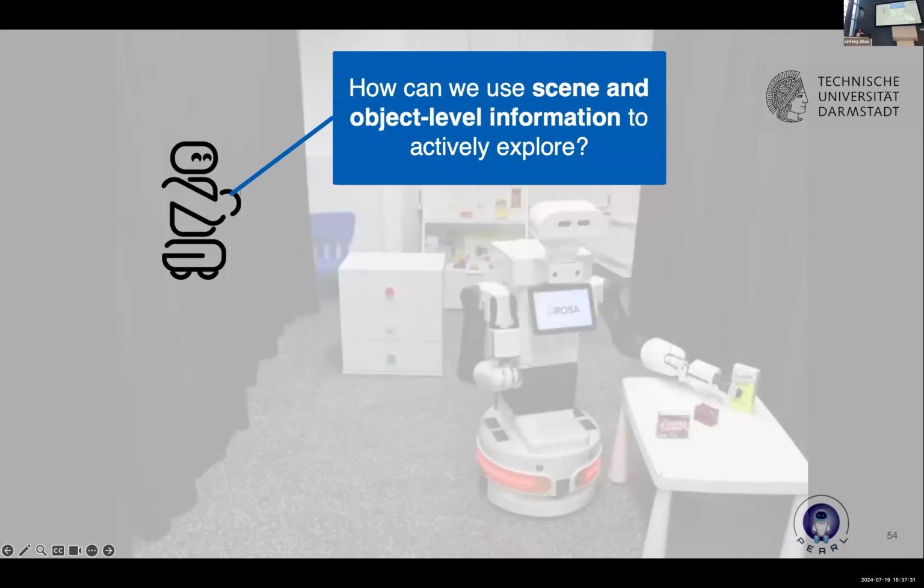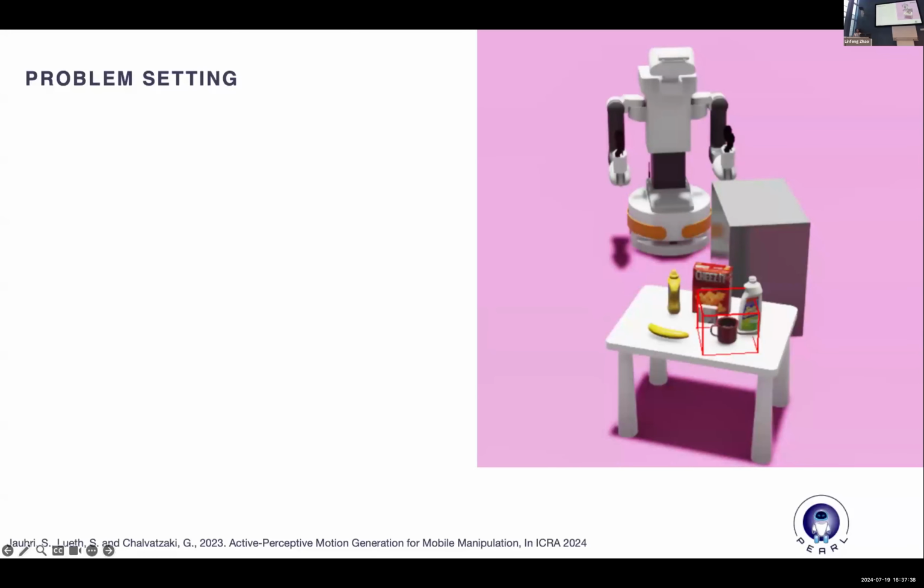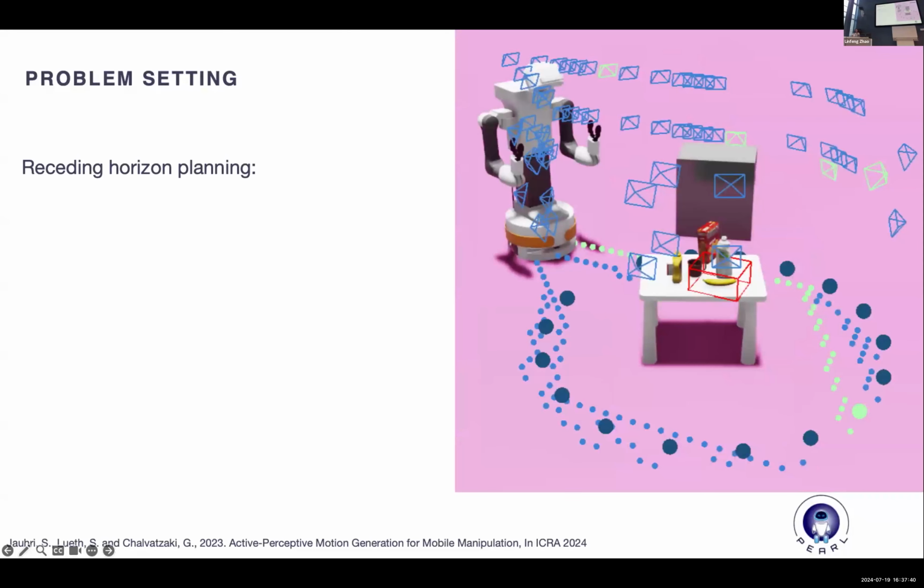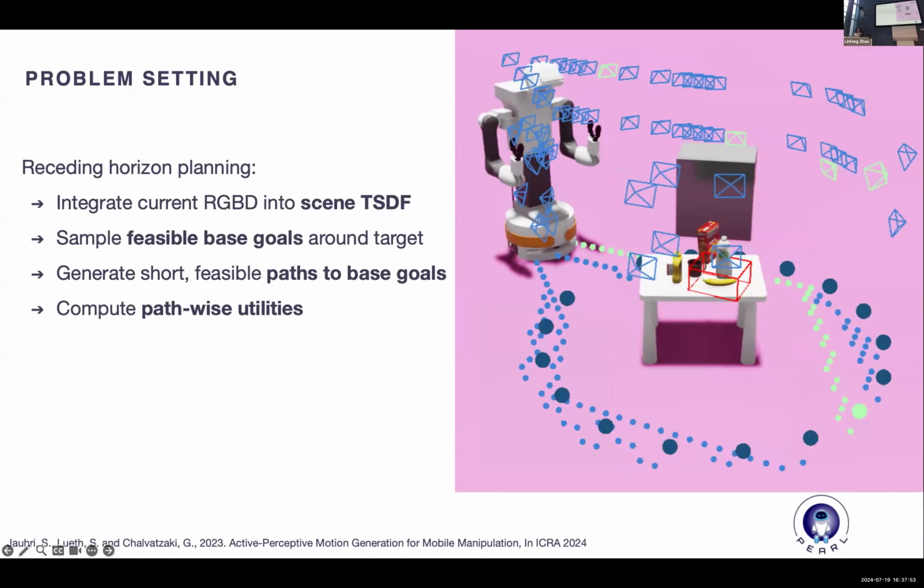And as the last part, I was just talking about how we can understand the scene, but for mobile manipulation, what is very interesting is also how they can use their information about the scene in order to explore efficiently. So in the work that we presented at ICRA, we presented an MPC style approach that uses RGBD information from the onboard camera of the robot.